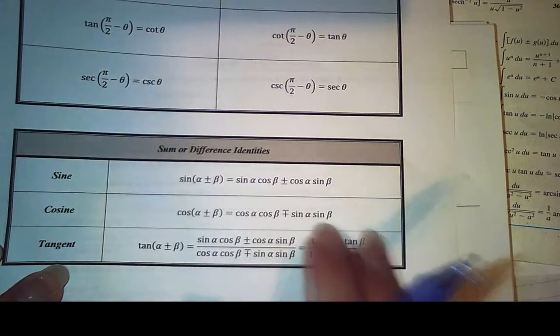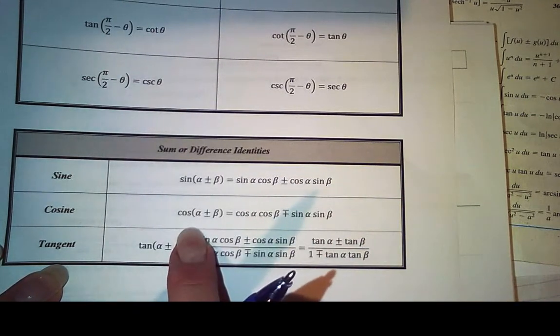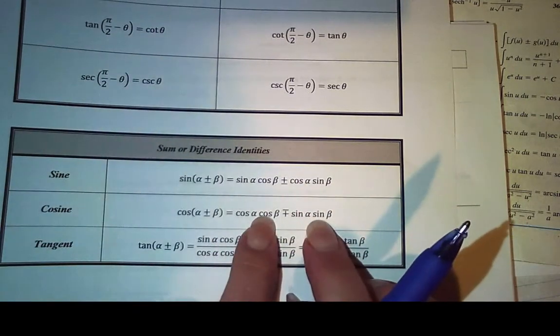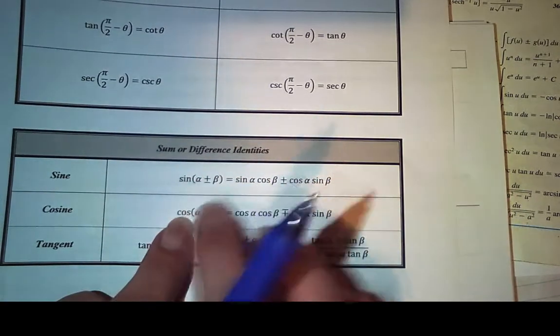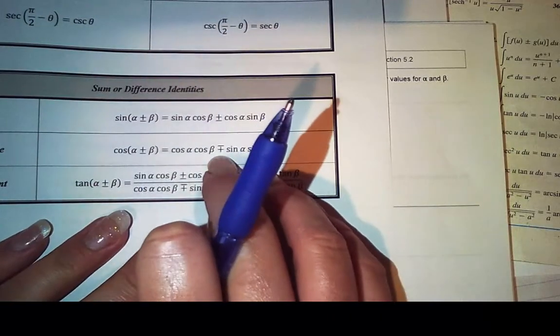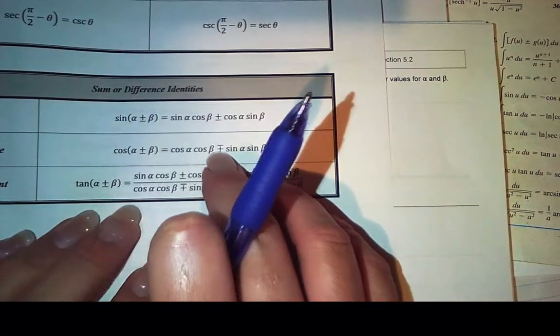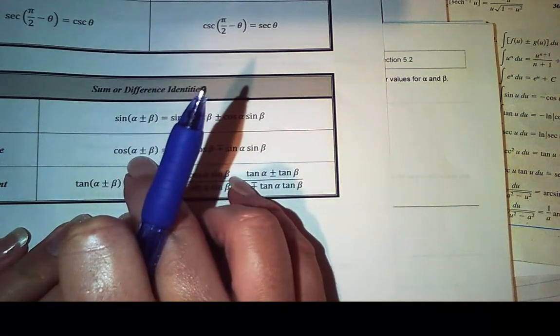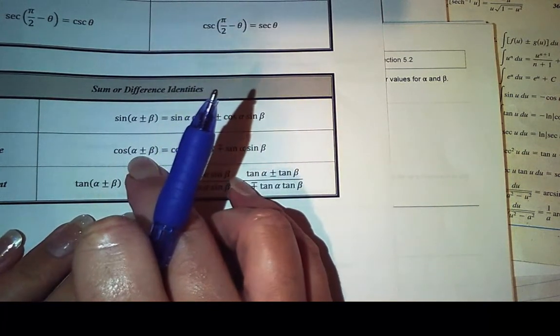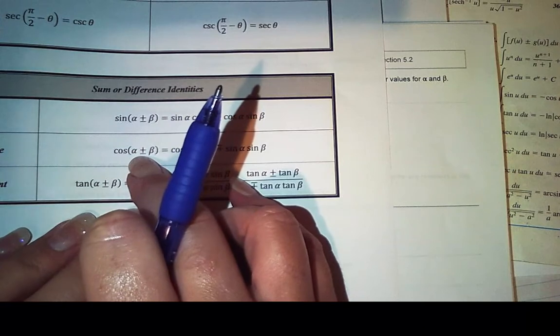So I know that this is going to revert back to, because I'm working on the right side this time, I'm going to revert back to what this says. So again, watch your signs. This is addition here. So where is addition on the right side? It's on the bottom. So what is that going to be on the left side? I'm going to change this into a cosine alpha minus beta.